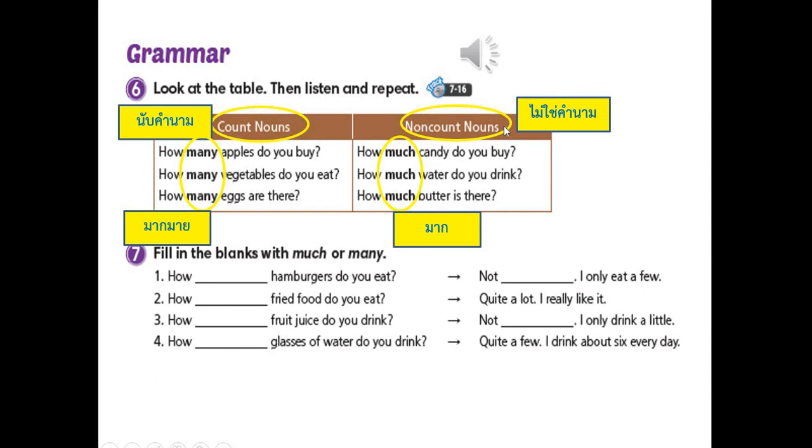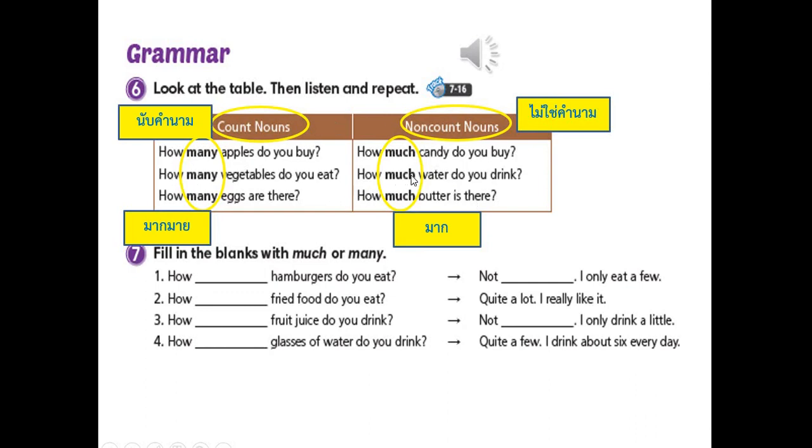So example for the question, how much candy do you buy? So our keyword here is candy. Now, it doesn't say there what specific candy you want to buy, but let's put it that way, that the candy cannot be counted because it's too many.